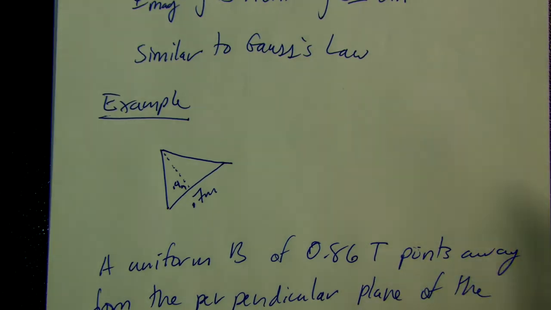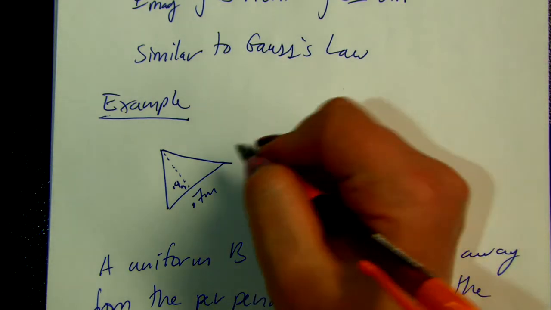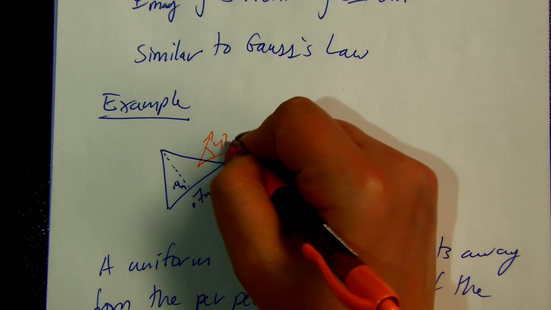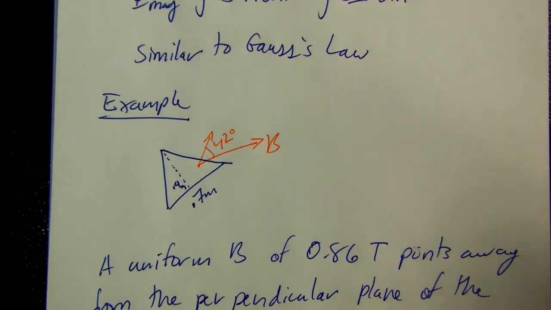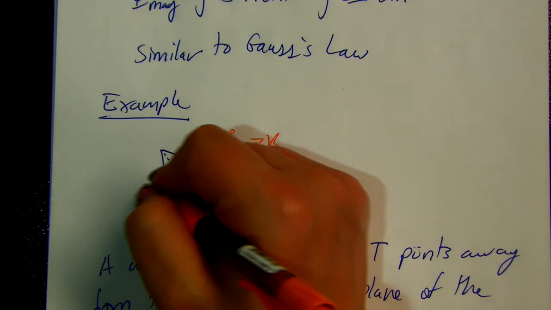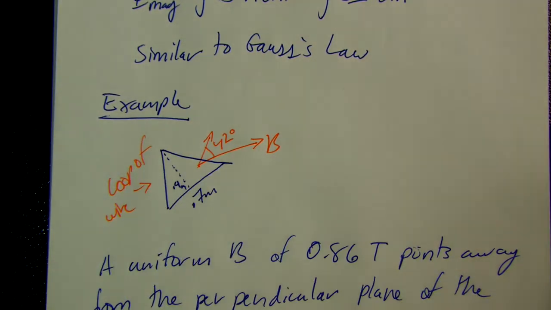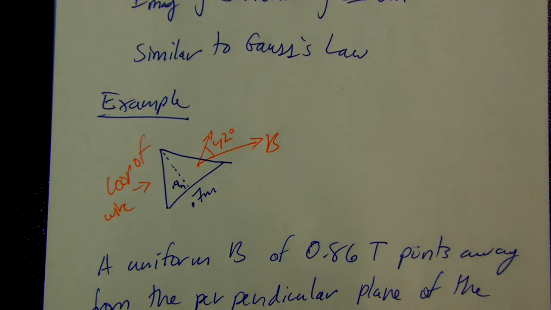Okay, so here we've got our 42 degrees. Here's our magnetic field. There's the perpendicular. This is a loop of wire. So let's calculate the magnetic flux.